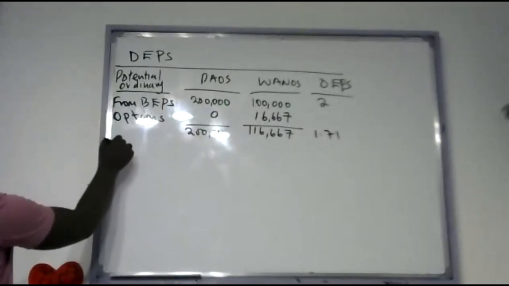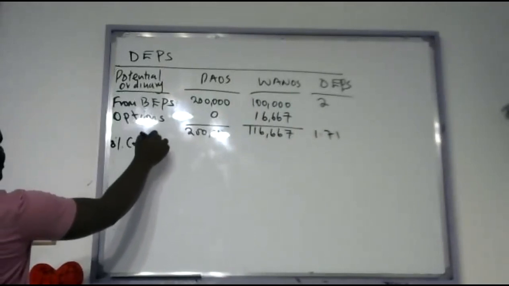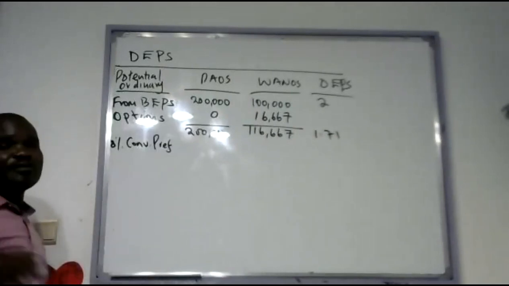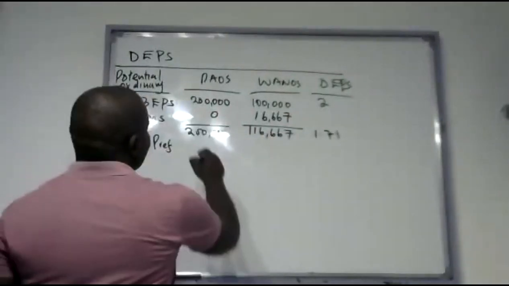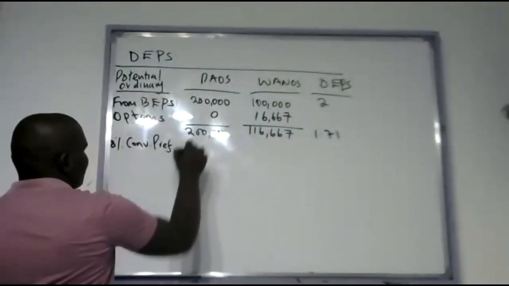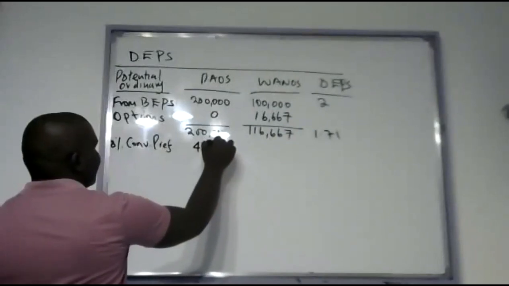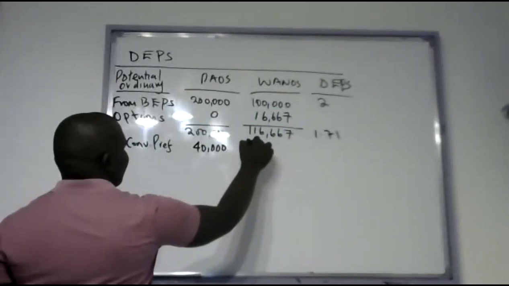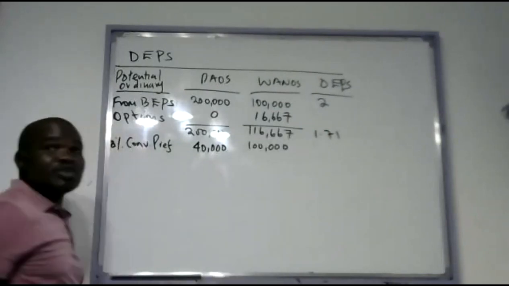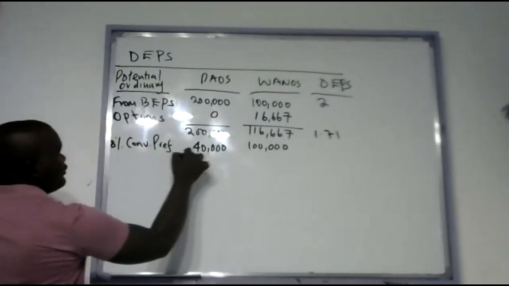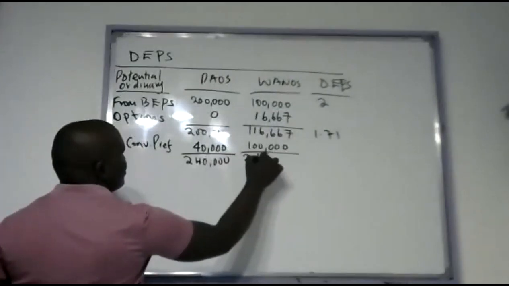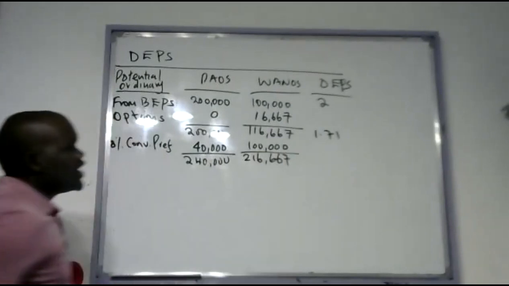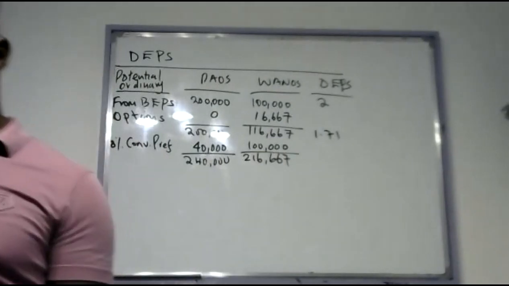The 8% convertible preference, the one which gave us 40 profits, with 100 shares. Please don't copy mine, make sure you are checking. So if I'm correct, then this is 240 and this is 216,667. If all that is okay, give me the new EPS.